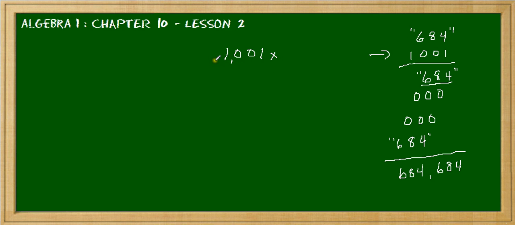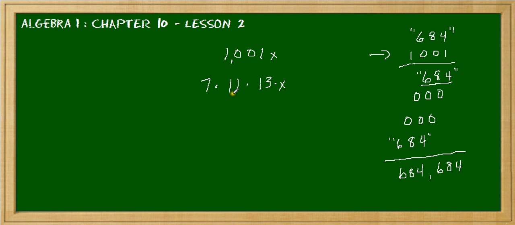Now, we know that we can divide 1001 evenly by 7, 11, and 13. Because 1001 is the product of 7, 11, and 13, take your calculators and just multiply 7 times 11 times 13. You'll see it's 1001. We can say that this is equal to, we're going to pull out the factors here, 7 times 11 times 13 times x.